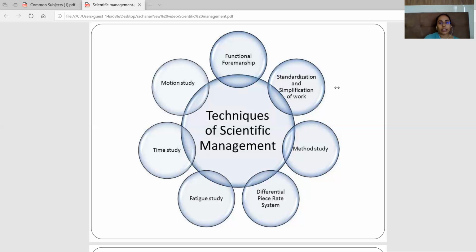So this is the first technique. Then the second technique is standardization and simplification of work. These come together. Standardization implies the method of establishing standards for every industrial activity.